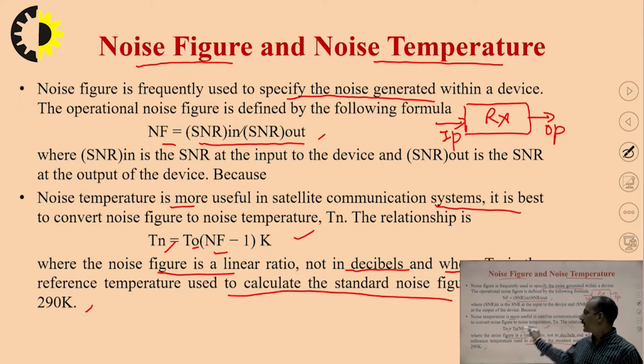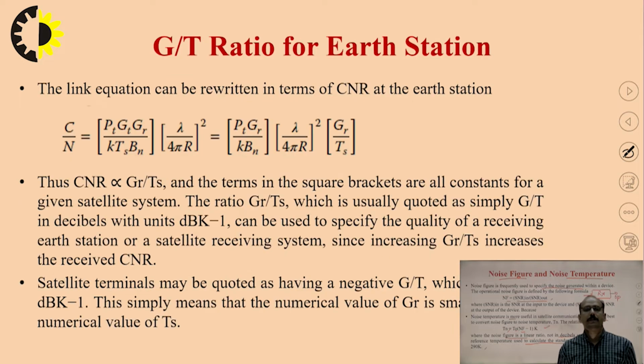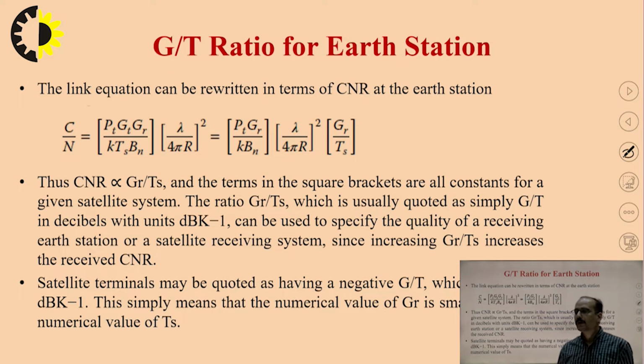That is quite easy, but always understand one point: this calculation is in Kelvin, and if you have some value in degrees, you should convert that degree value into Kelvin first to solve the numerical.